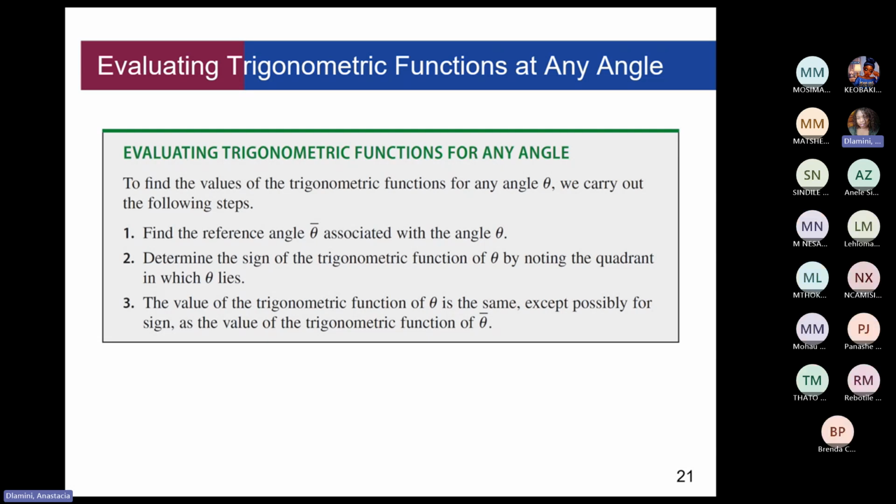The value of the trigonometric function of theta is the same, except possibly for the sign, as the value of the trigonometric function of theta bar. Meaning theta bar and theta have the same values of x and y, but they do not have the same sign. That's what they're saying, because theta bar is a reference angle. Are we together? Yes, ma'am.